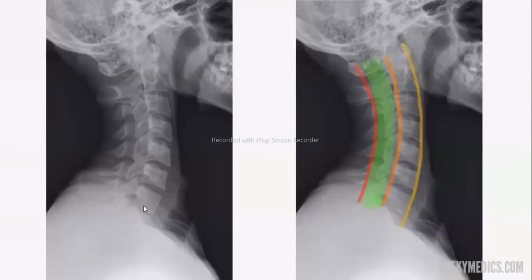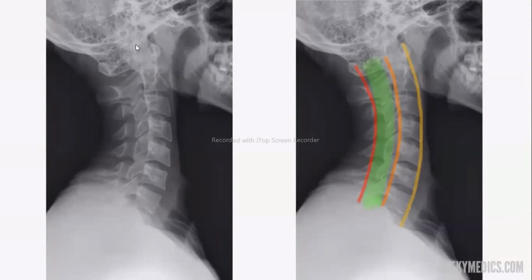Here you have to check the alignment, 3 lines. Okay. So this is cervical 1, cervical 2, 3, 4, 5, 6, 7. Cervical 2 has the dens, which should be inside C1.